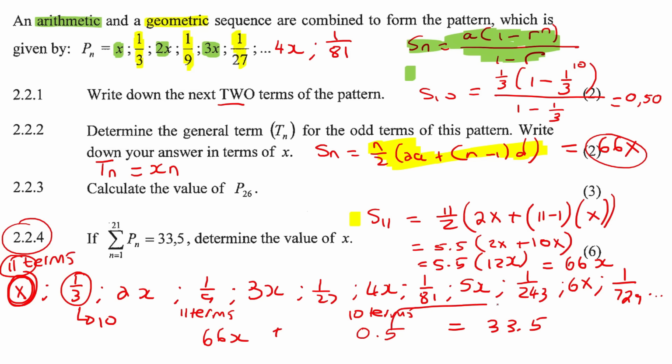So now we just take the 0.5 over to the other side where it becomes a minus. So 66x equals 33. And then don't say the answer's 2. A lot of you are going to look at this and your mind is immediately going to think, oh, 2. And you're just going to say x is 2. But be careful. x is going to be 33 divided by 66, which is actually a half.